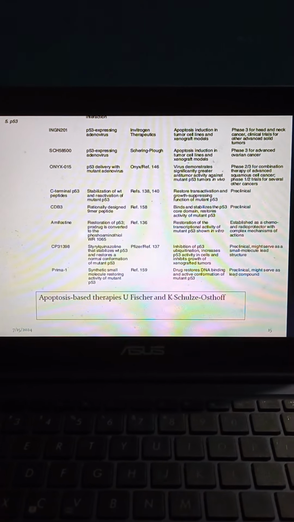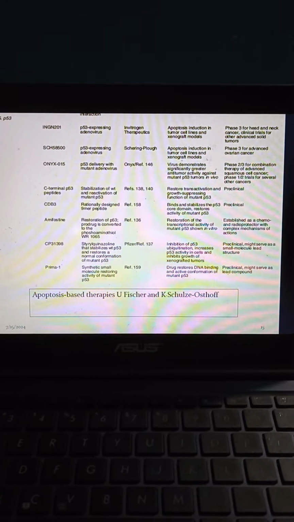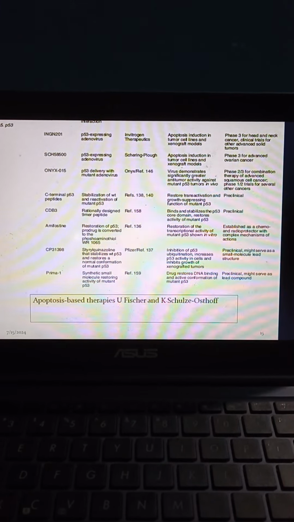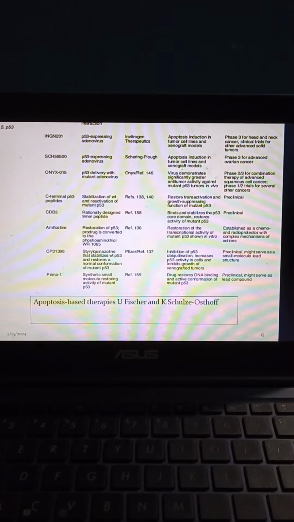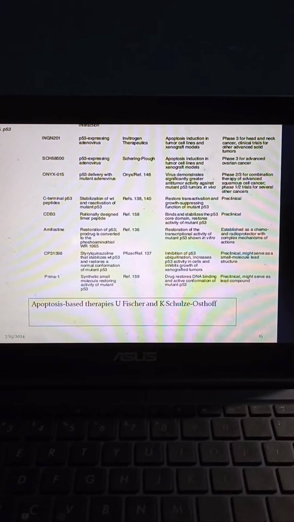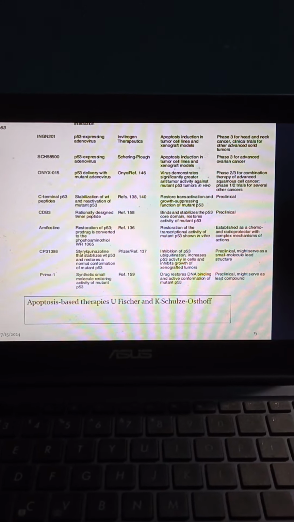And this is also a long example, amifostine, established as a chemo and radio protector with complex mechanisms of action, and prima-1 is preclinical and might serve as a lead compound. These are lots of examples of apoptosis-based therapies.